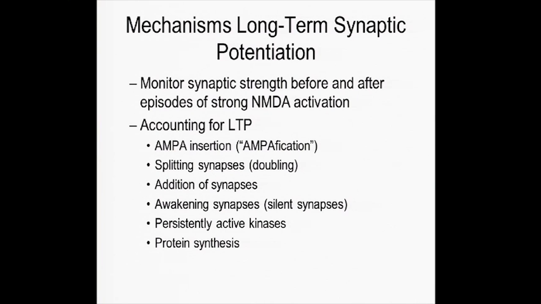There are many ways we can strengthen, and one of them is by adding in more receptors. This is called amplification. Another is you could trigger more synapses to connect between cell A and cell B. That's called synaptic doubling. You could split them, or add in new ones, or awaken old ones. Or we could take things inside the cell to modulate the receptors.